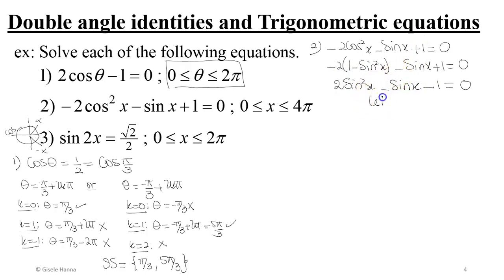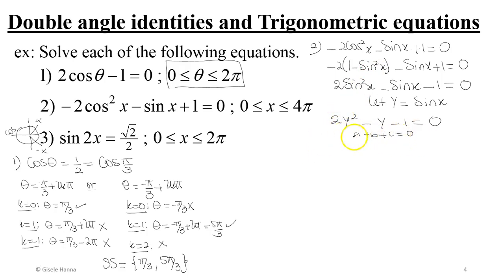So over here, by setting y equals sine x, I bring this back to a quadratic equation in y, solve for y, and then once I have y, I bring back sine. We could solve this using the quadratic formula or by trial and error. Or we could notice that the sum of the coefficients is zero.